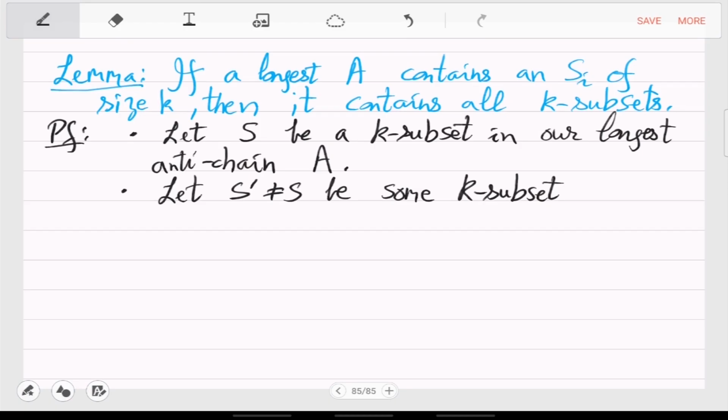So let S prime be some other k subset, and what we will set up is this process where, okay, let's see an example first.